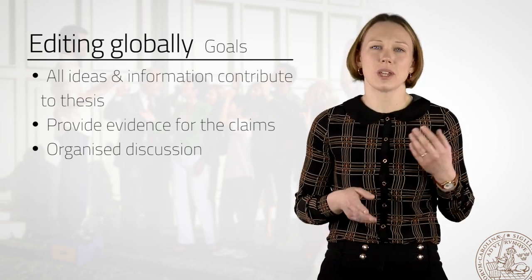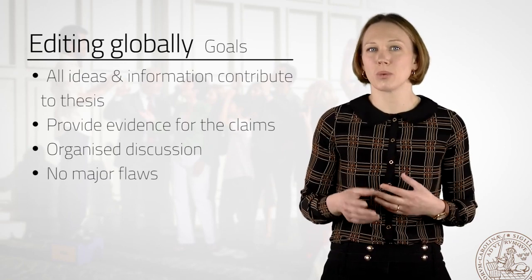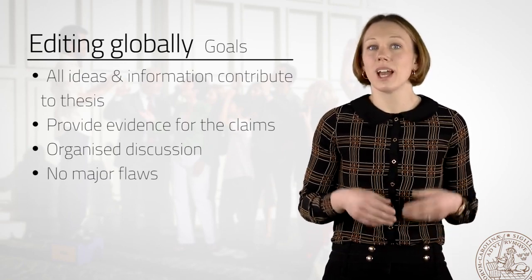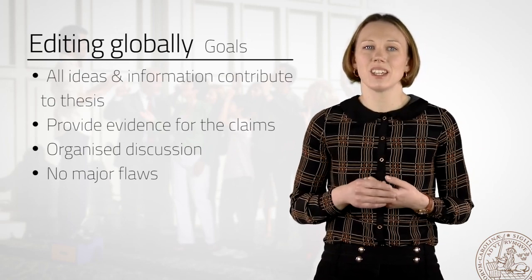It's also important to make sure that there are no major flaws in argumentation. You don't, for example, want to contradict yourself anywhere, and you don't want to fall subject to any of the common informal fallacies. These are common errors in reasoning, for example, assuming a false cause and effect relationship, or basing claims on insufficient or unrepresentative evidence.